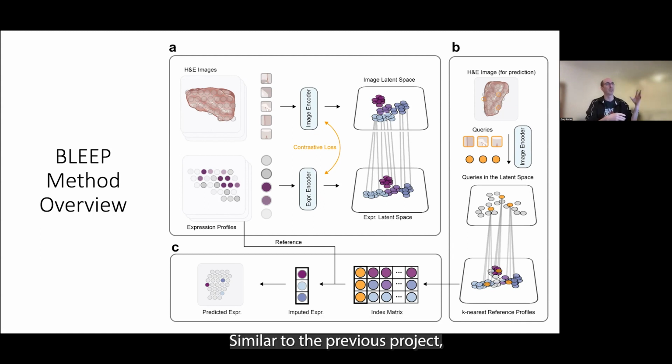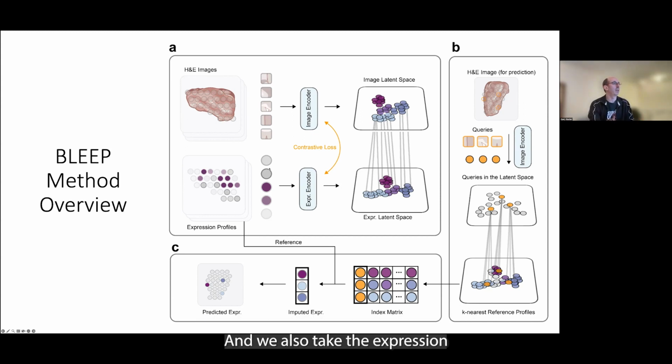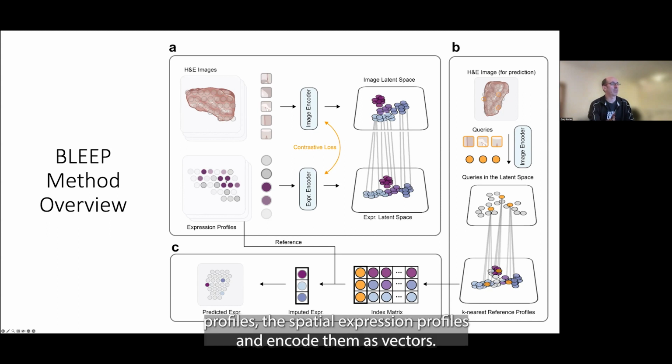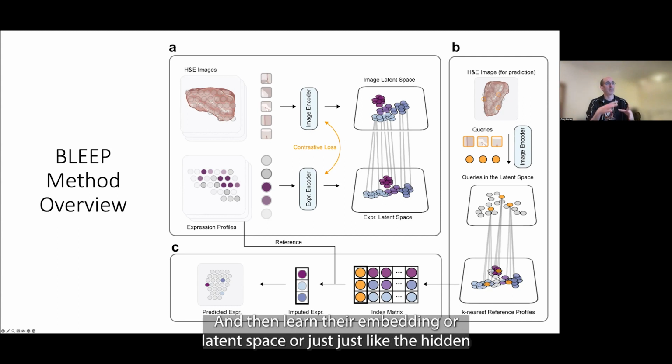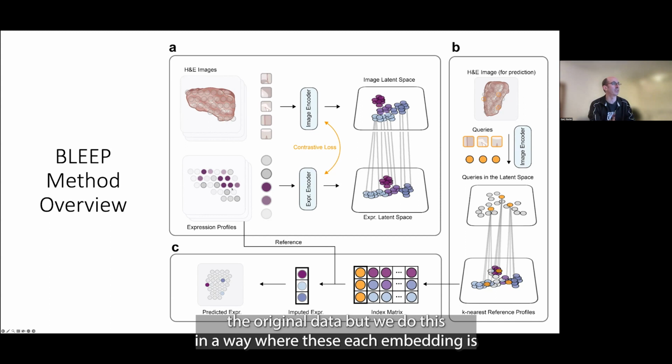Similar to the previous project, this embedding space, the space of relationships between all of the data points in the image, is learned automatically. And we also take the expression profiles, these spatial expression profiles, and encode them as vectors, and then learn their embedding or latent space, which is just like the hidden space of relationships that could characterize the original data.